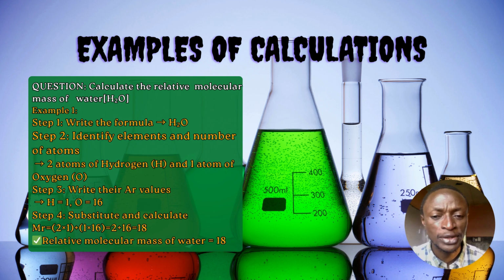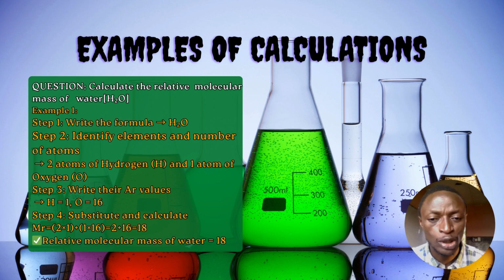And now we can substitute these values into our formula by saying Mr, which is the relative molecular mass of the compound, is equal to 2 times 1, 2 being the number of hydrogen atoms, times 1, its Ar, that's relative atomic mass.